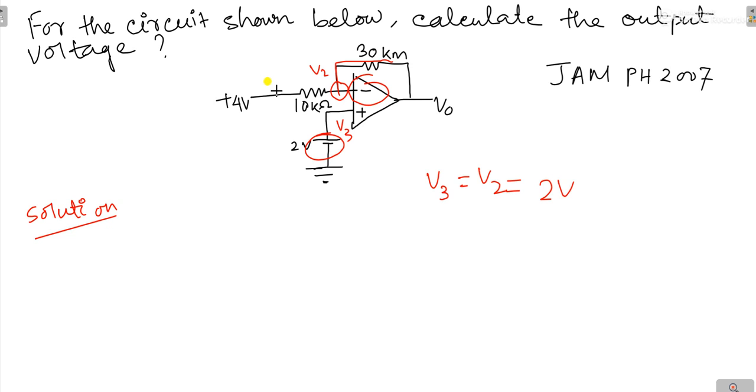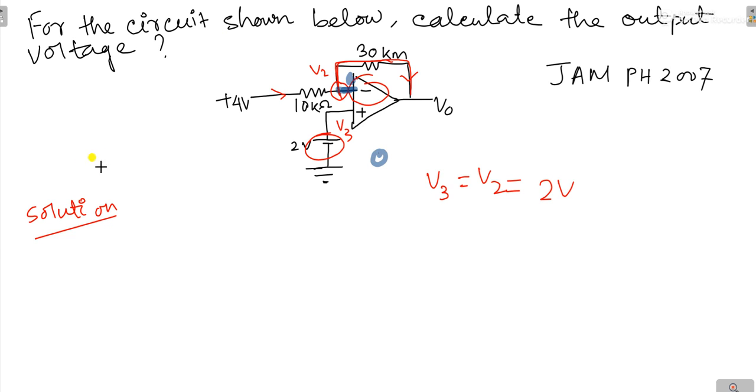Again, we know from the characteristics of an op-amp that the input current into the op-amp is 0. The current will flow from this end to this, and the current into this terminal is 0.